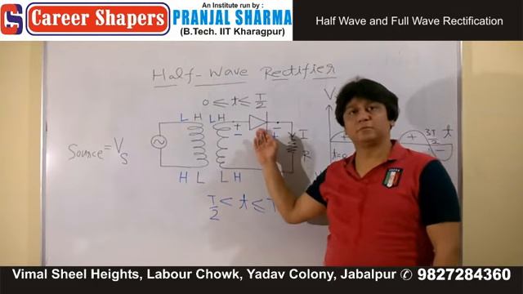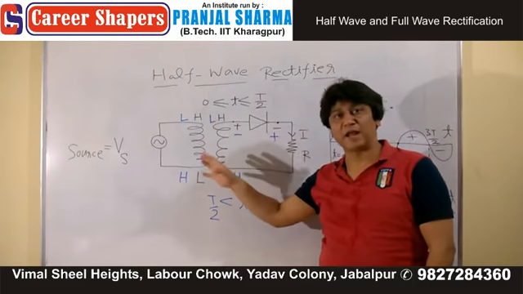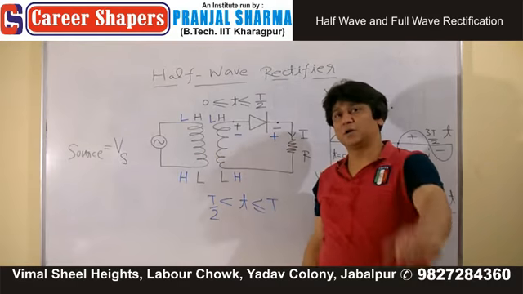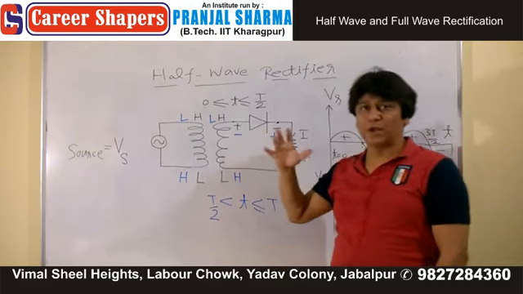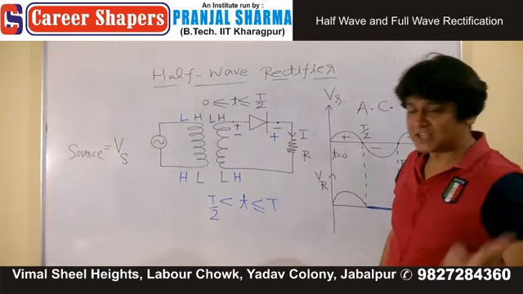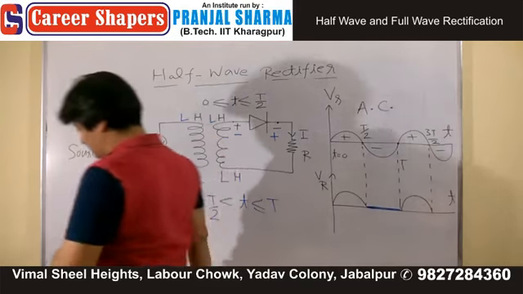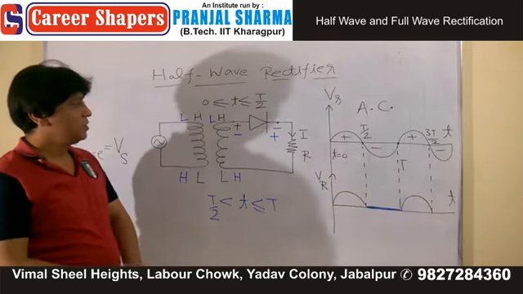Ideally, you will say that in forward bias it doesn't offer any resistance, but I just showed you the graph and you know that you will experience a resistance equivalent to 0.7 volts. But we're not interested in that 0.7 volts.